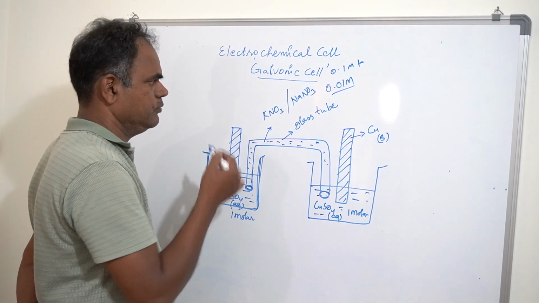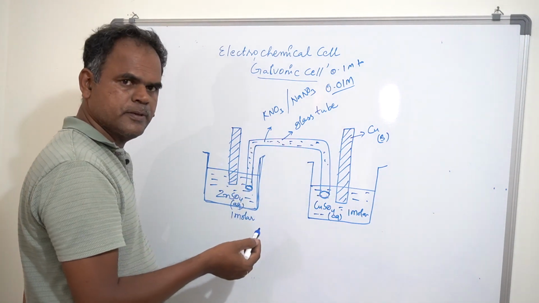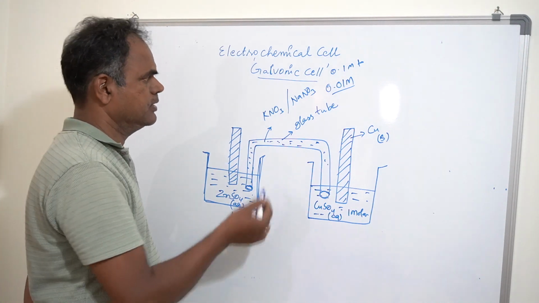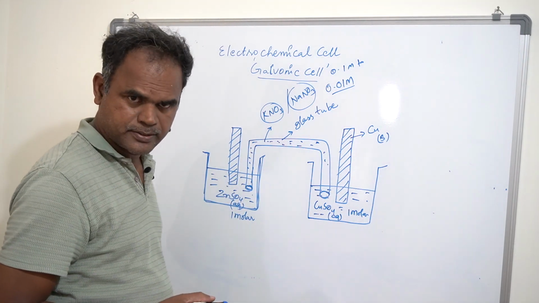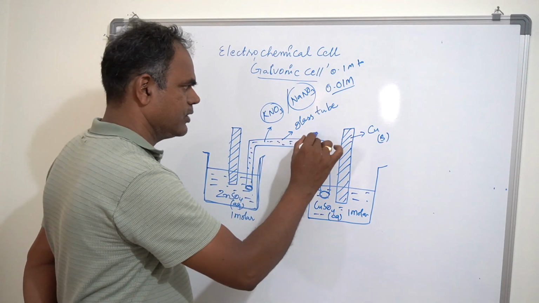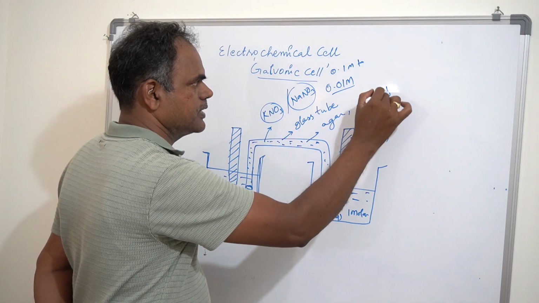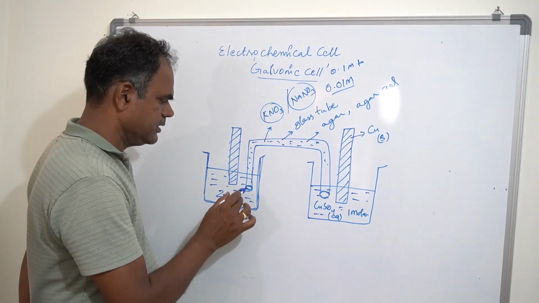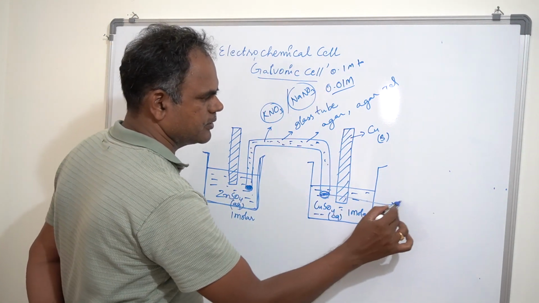But how can we take these solutions in a tube that has two openings? It is not possible. Hence, the potassium nitrate or sodium nitrate saturated solution must be stuffed in agar gel or in gelatin, and these openings are closed by cotton stuff.